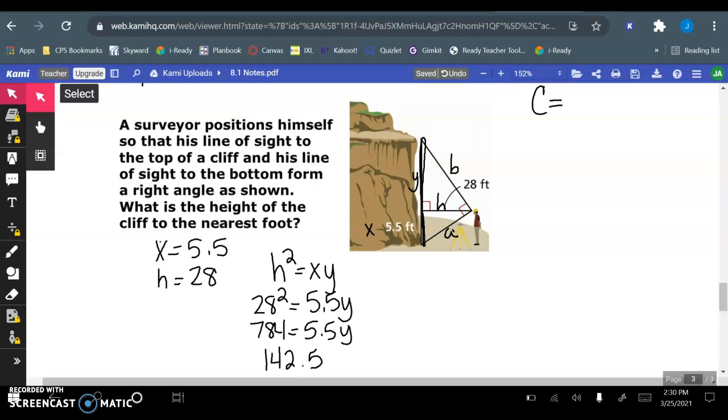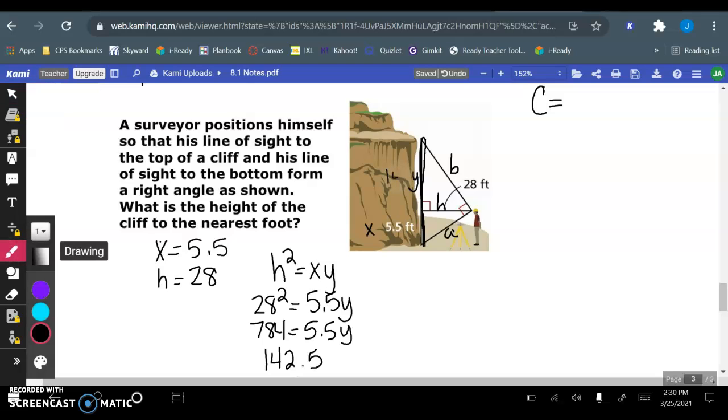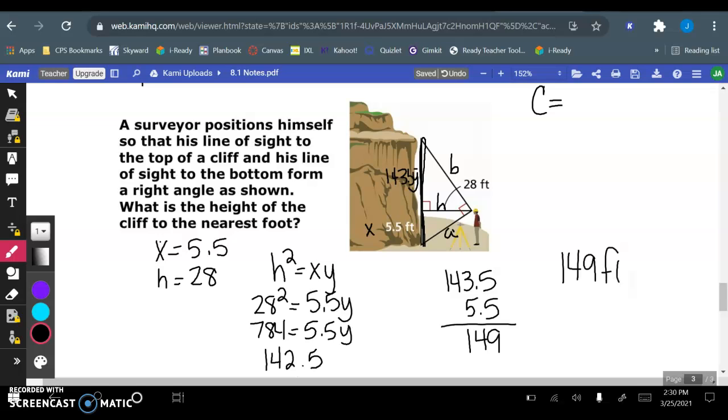So if I go back up here and label that, this is 143. Maybe we need to put that 0.5 on there for right now, since the other one's still 5.5. So to figure out the total height, we add the 143.5 and the 5.5. We get 149. So what is the height of the cliff to the nearest foot? 149 feet.